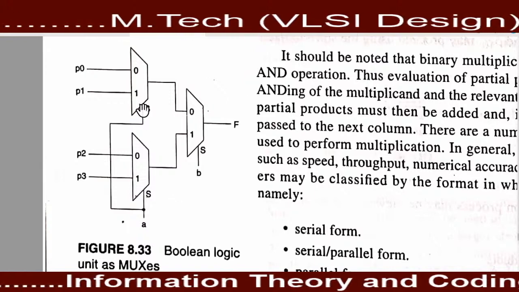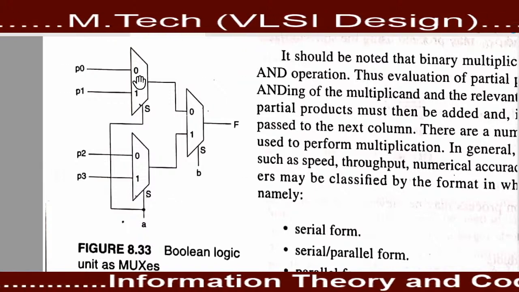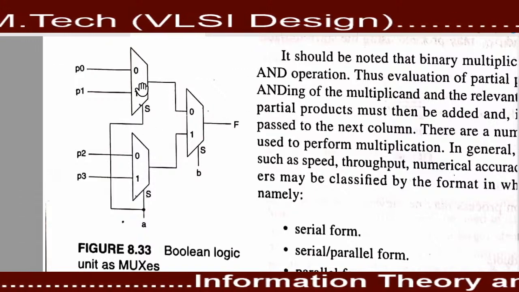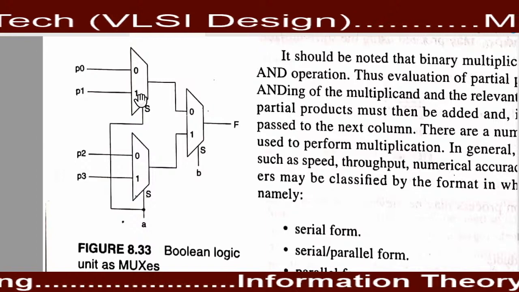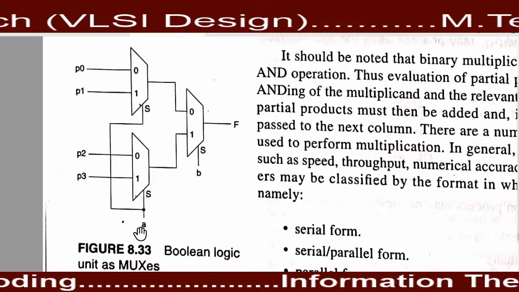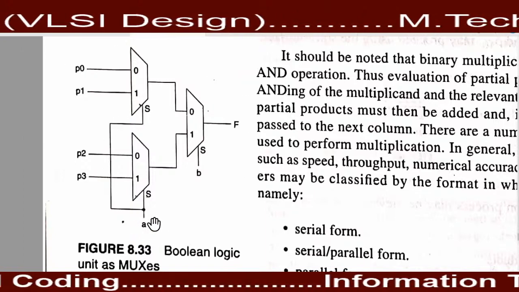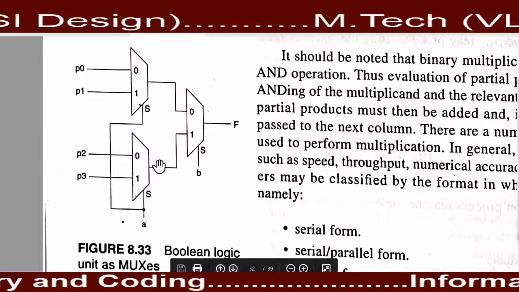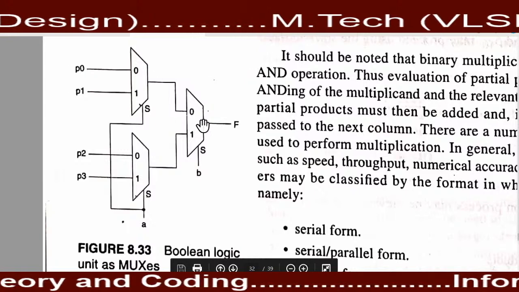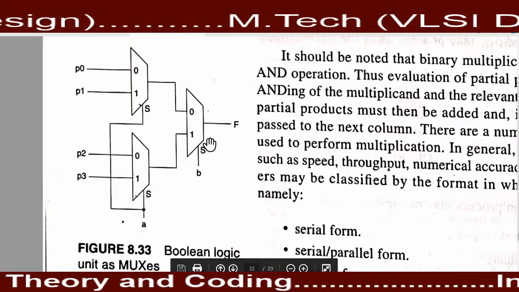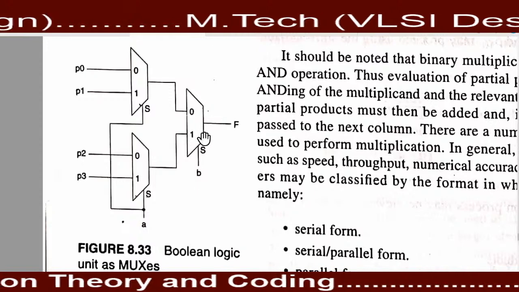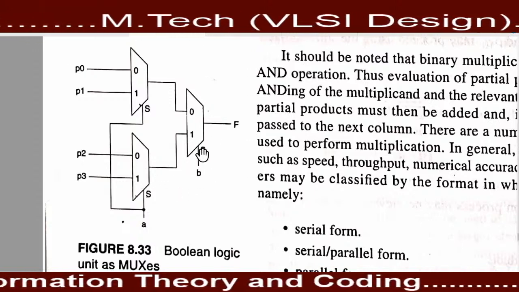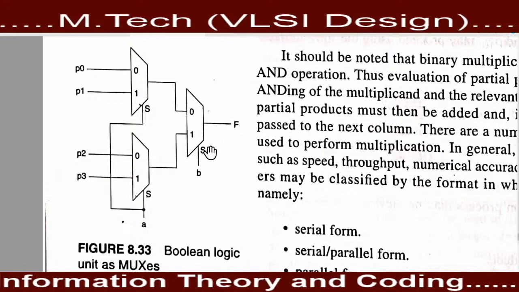Here you can see that in the second level, two multiplexers are present, and in these multiplexers the selection lines are common. So when we provide any input, it will reach both multiplexers, and the output is provided to the multiplexer at the first level. And according to this B selection line, it will provide the binary logic.